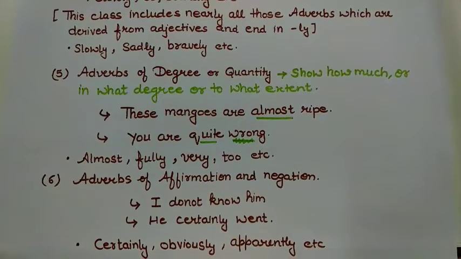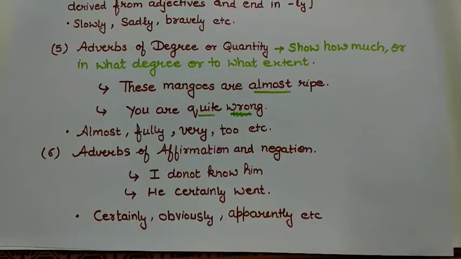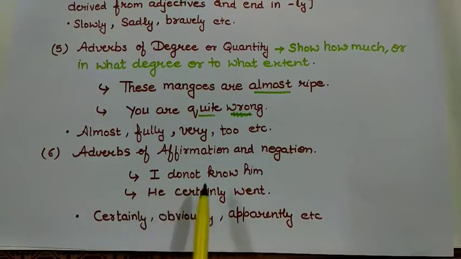Next type of adverb is adverb of affirmation or negation. Affirmation shows the surety of some work or task, and negation works in negative sentences, in which we are talking about no, means negative. Like here, I do not know him.